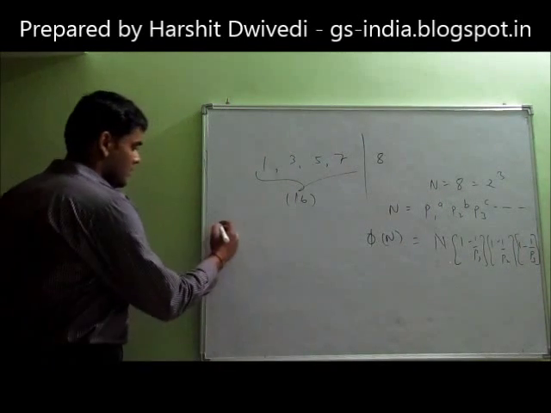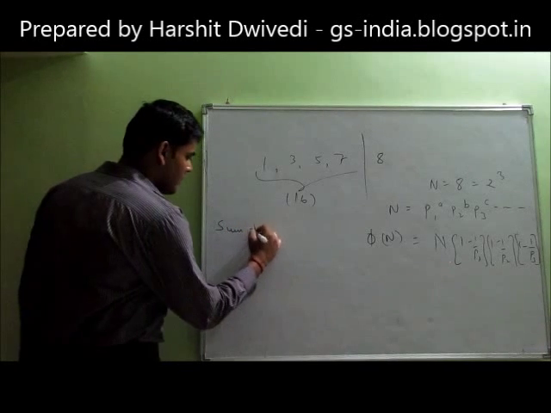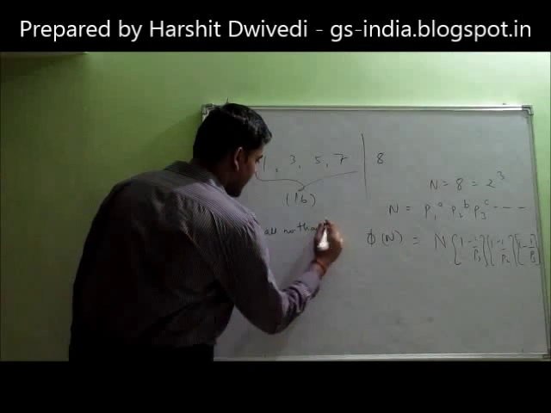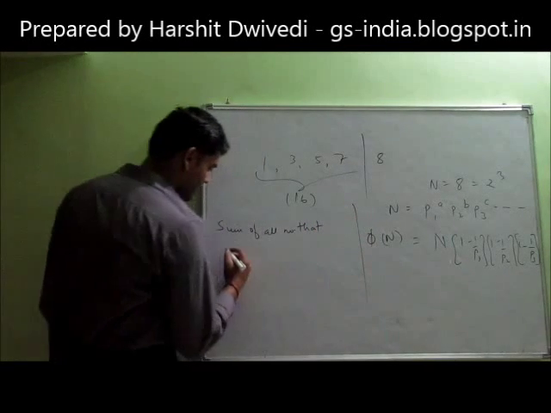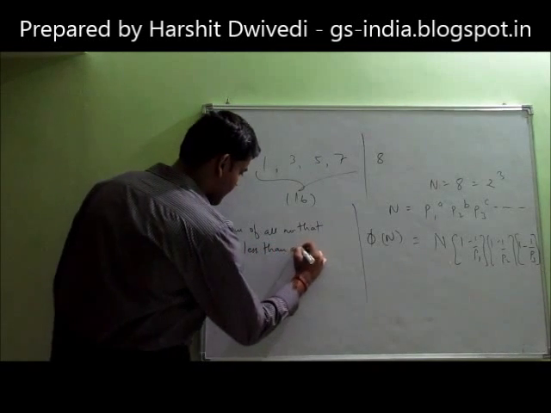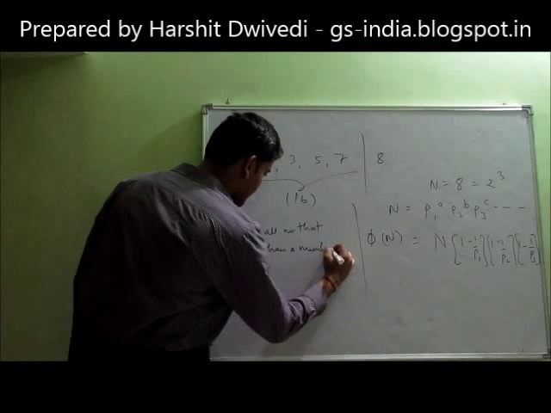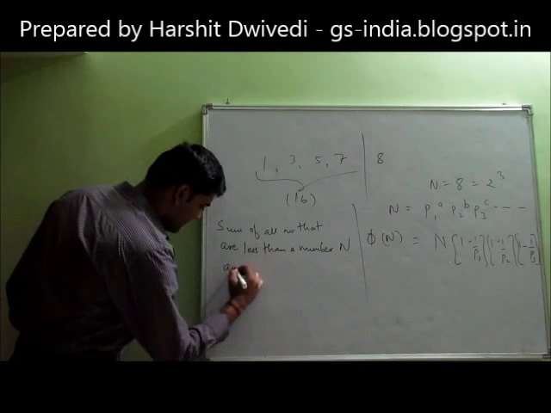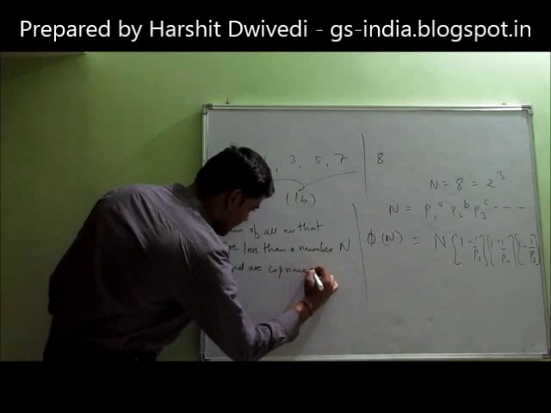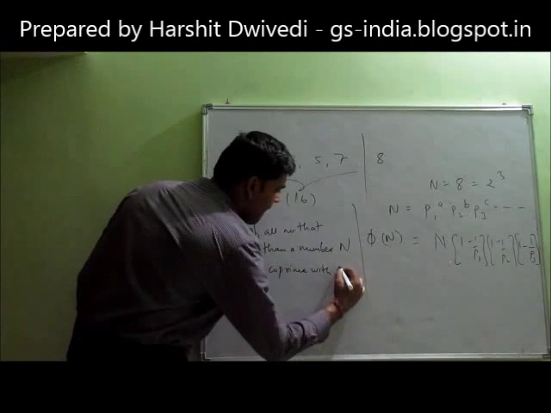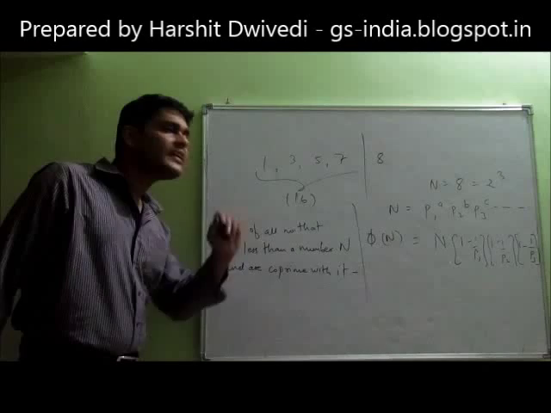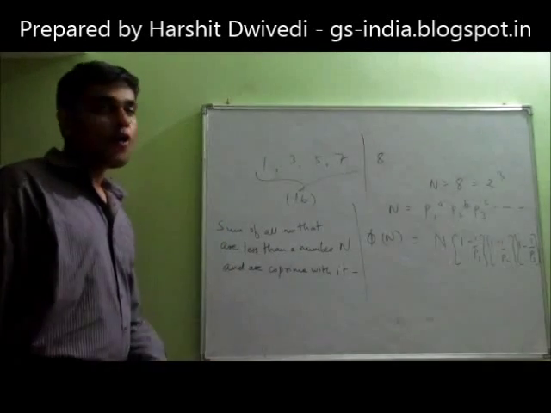Now, what will be the sum of all numbers that are less than a number n and are co-prime with it? So how am I going to find it?